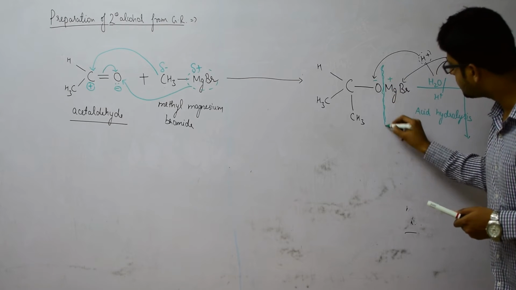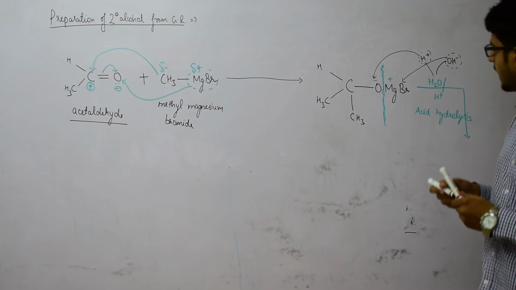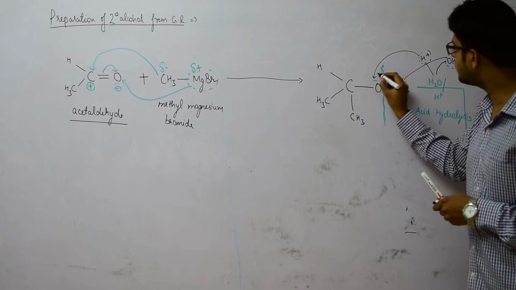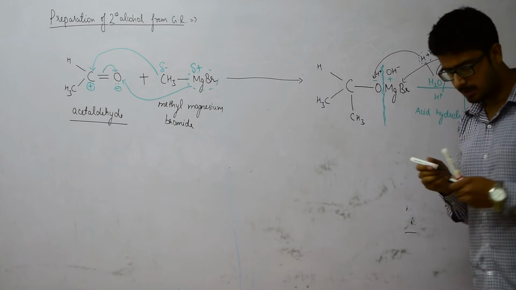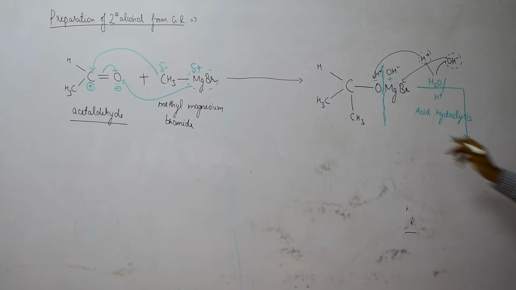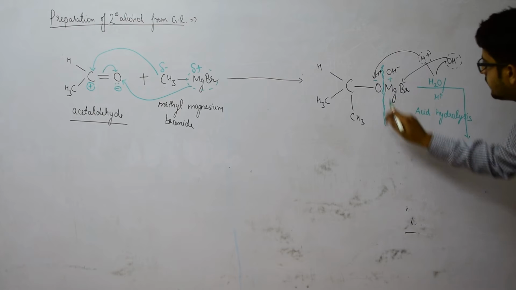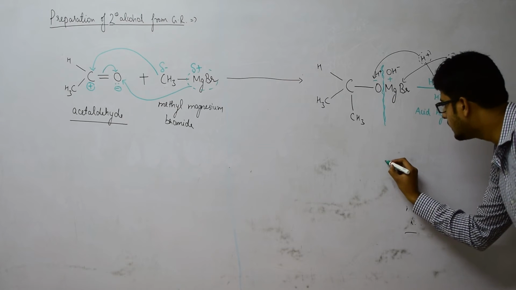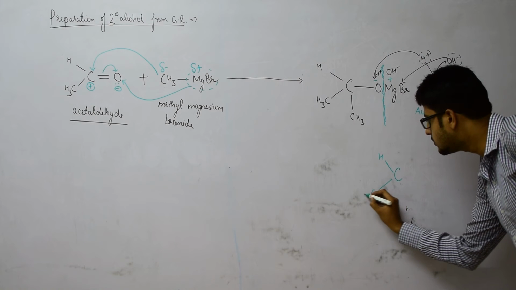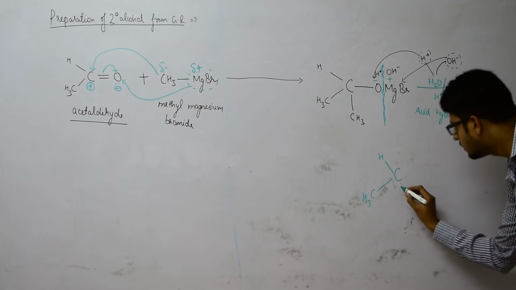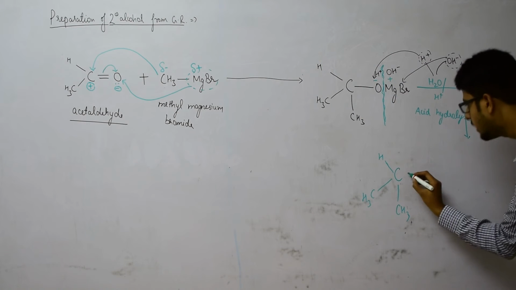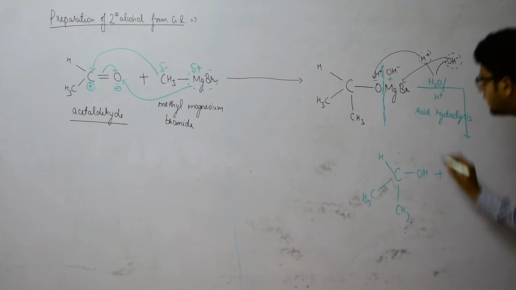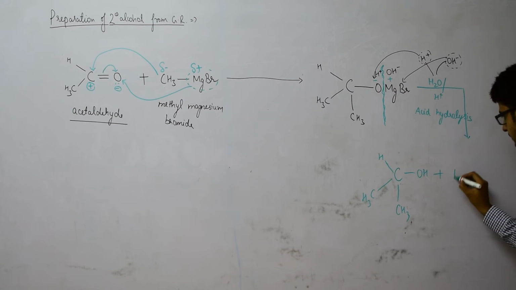This H plus ion would be arranged over oxygen and this OH would be arranged over the MgBr part. So our product would be CH, CH3 and this is OH, alcohol, and the next part is MgOHBr.